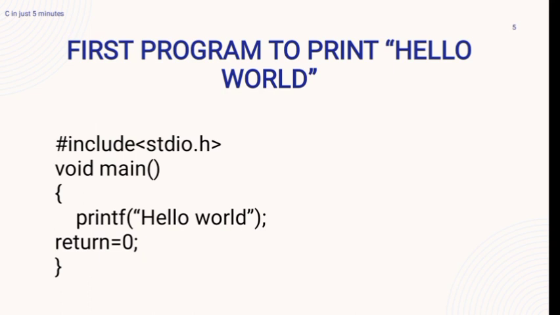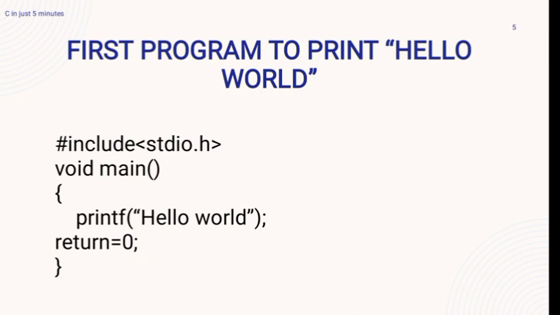So let's move on to our first program, to print hello world. If you want to print hello world, then you have to follow your format. So first of all we will write hash include stdio.h and void main, small brackets, and curly bracket, and under the curly bracket you have to write printf, and in printf you have to write small brackets, and inside the two small brackets you have to write inverted commas, and inside the inverted commas you write what you want to print.